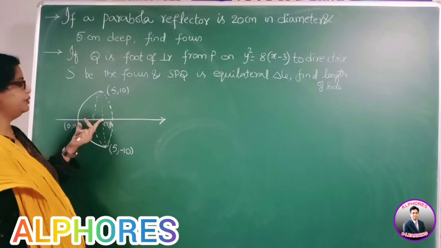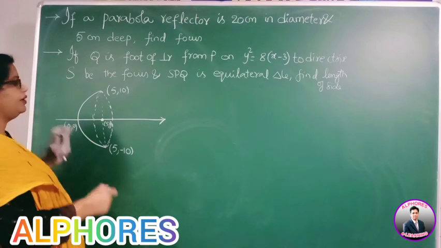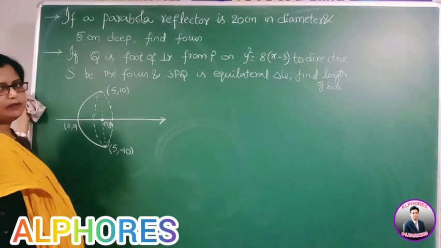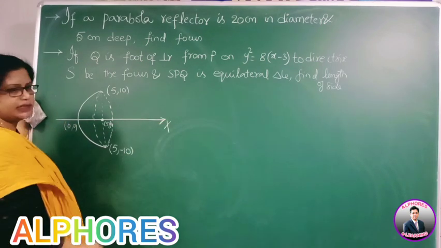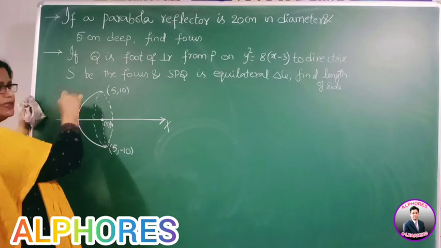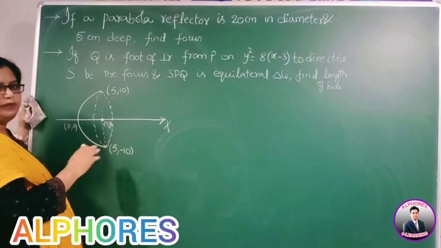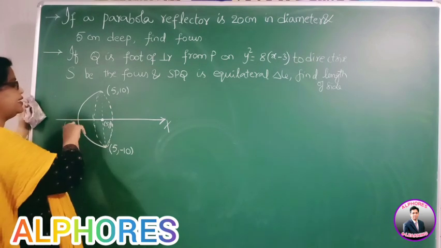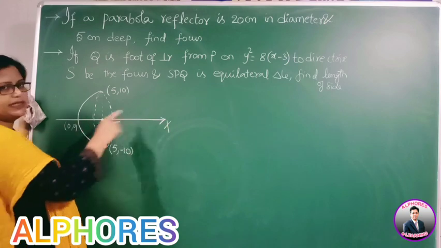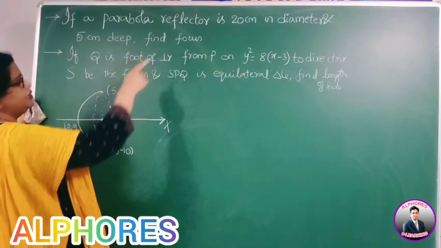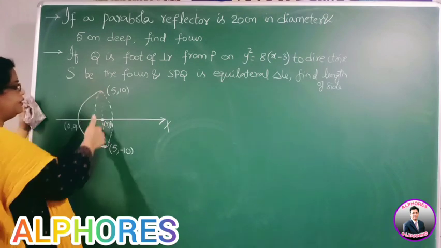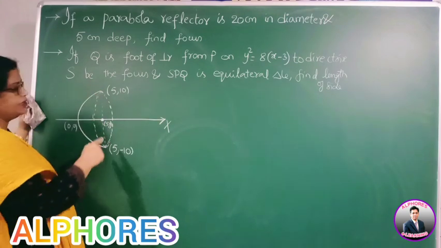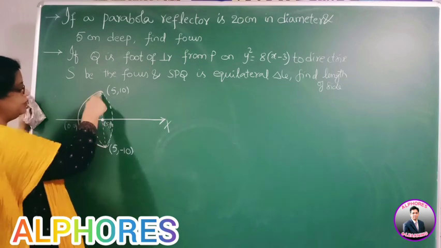Okay, so now you observe, students, this problem we simply convert in terms of a parabola, where we directly consider the axis as the x-axis, and the directrix and so on as usual parallel to the y-axis. As I am taking the axis as the x-axis, the 20 centimeters diameter is this one, which is parallel to the y-axis.